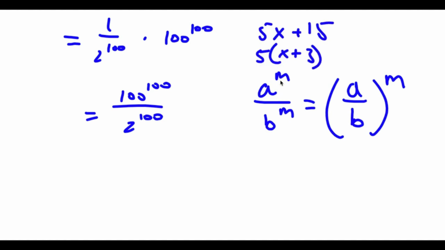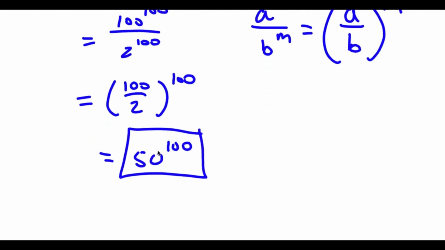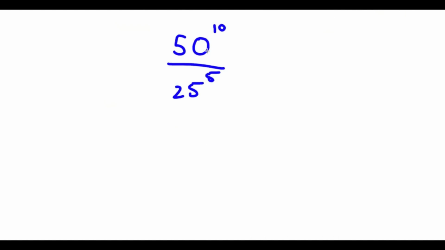So in this case, we are factoring out our exponent because both terms share the same exponent, and in this case, both terms share the same factor. So now this would equal 100 over 2 to the power of 100. 100 over 2 is equal to 50, so I have 50 to the power of 100, and this is our answer.